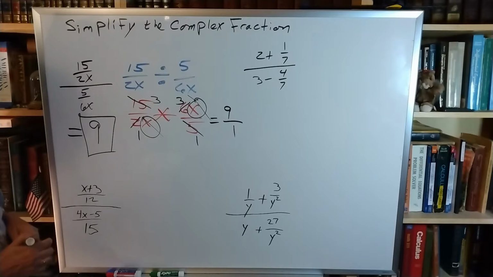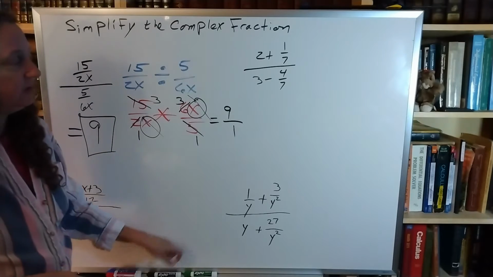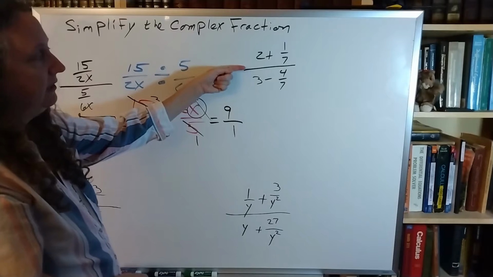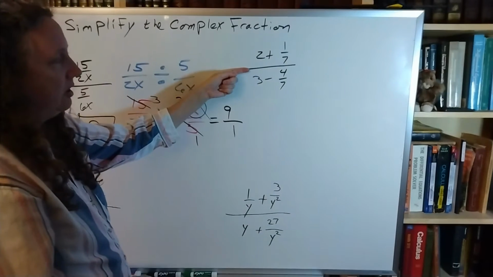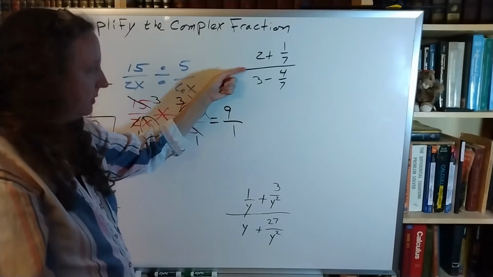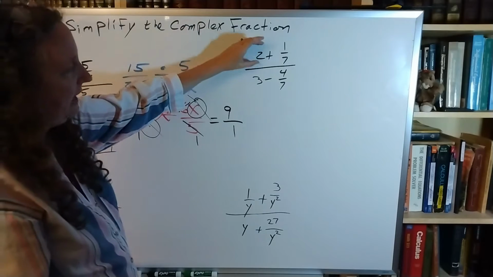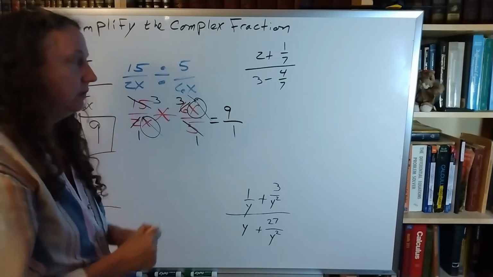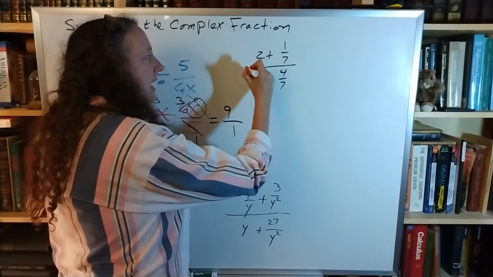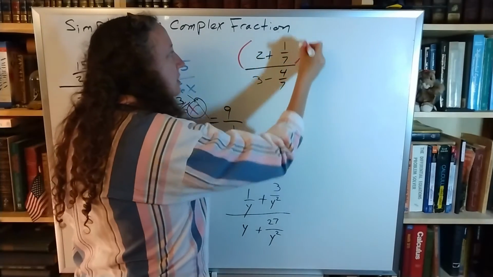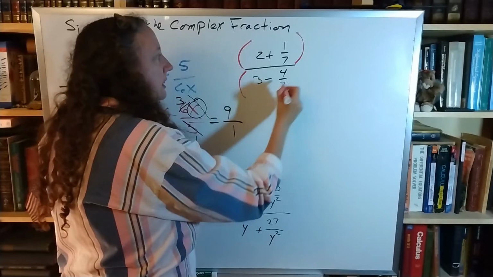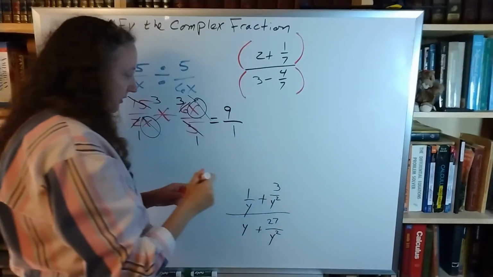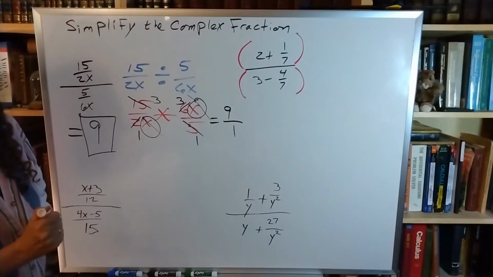Looking over at the other problem, I'm going to start out the same way. I'm going to make the center fraction bar into my divide by symbol. Something that you have to do first, though: at the edge of every fraction bar is an understood set of parentheses, top and bottom.